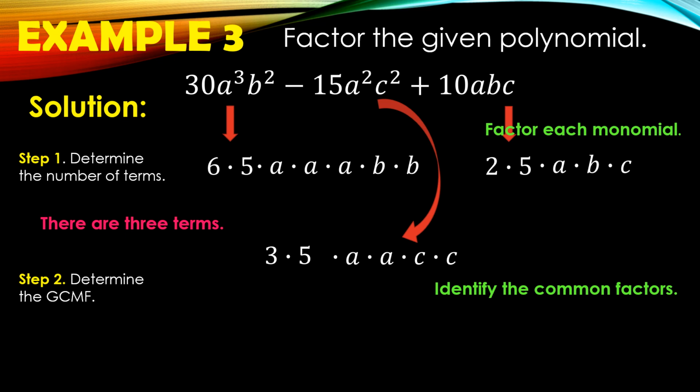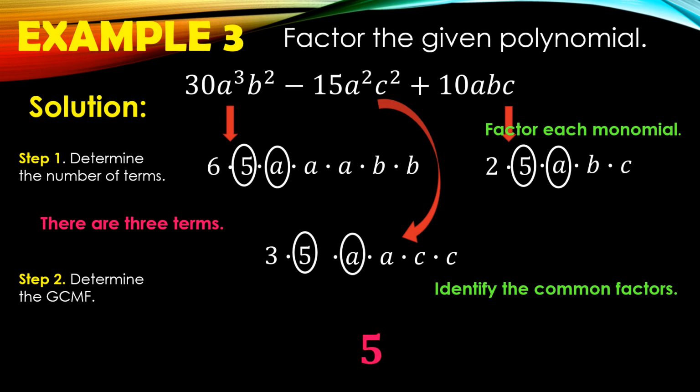In the numerical factors, the common factor is 5. How about in the variables? The only common variable among the three is a. So, the greatest common monomial factor of the given polynomial is 5a.